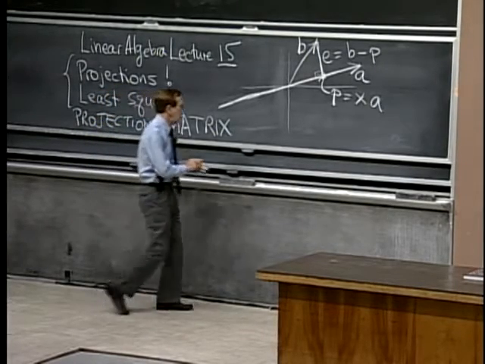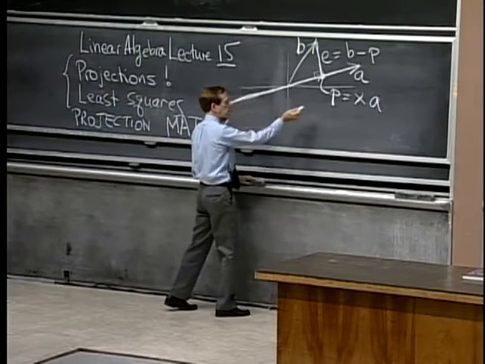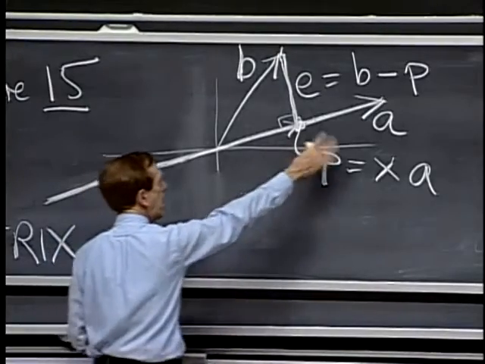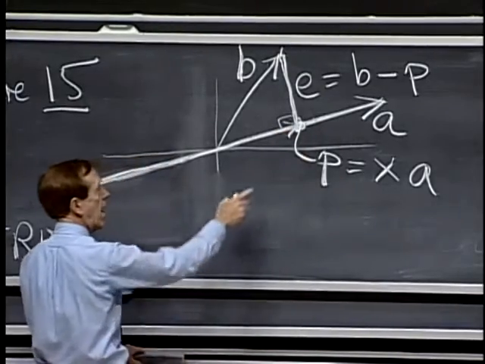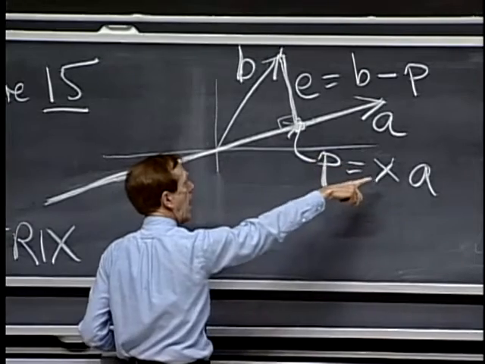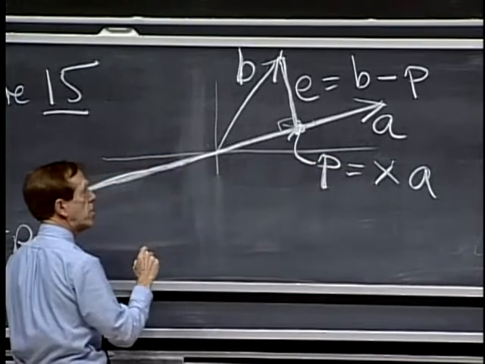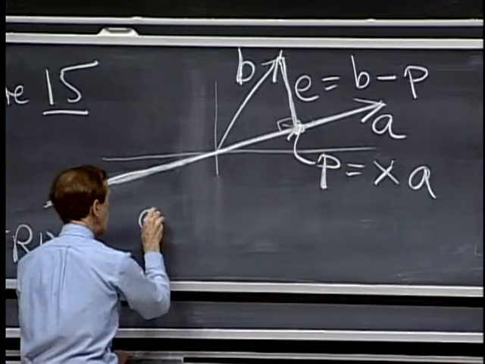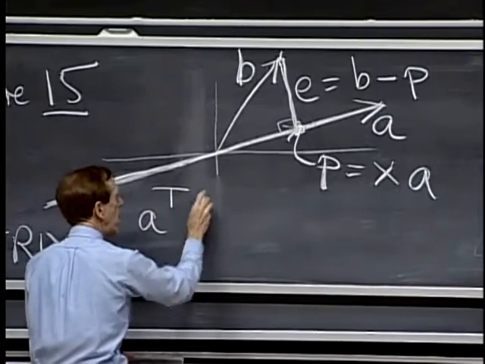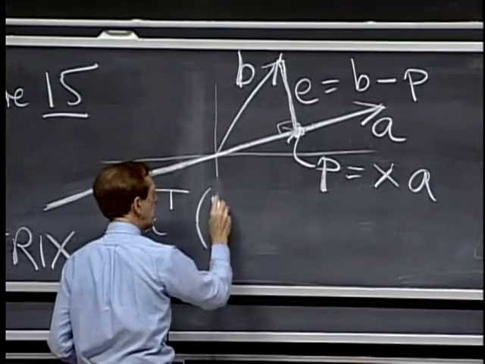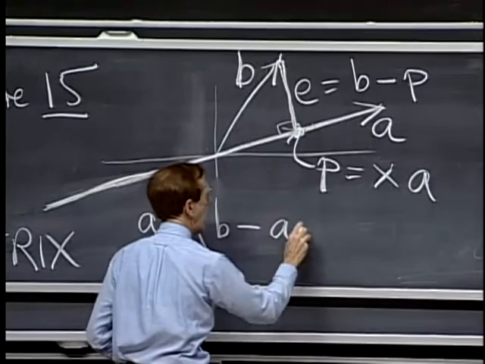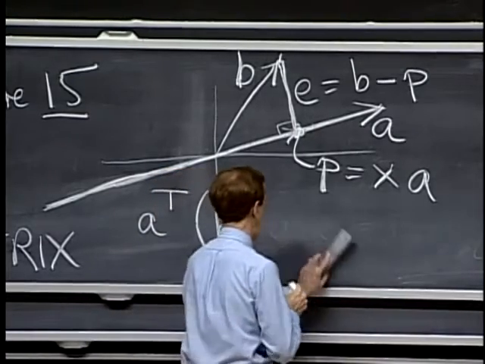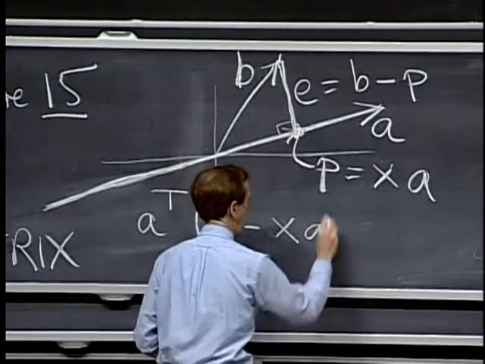OK, the key to everything is that perpendicular. The fact that A is perpendicular to E, which is B minus XA.